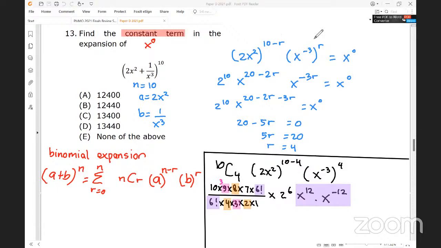Then the next, just 10 times 3 times 7, that's 30, 210. 210 times 2 in the power of 6, times 64.